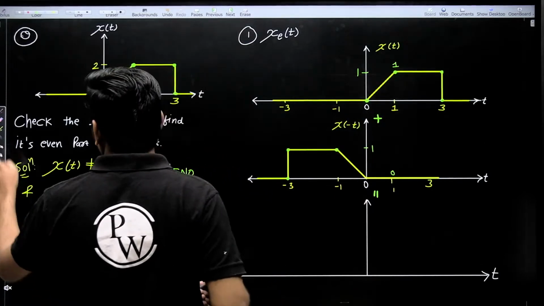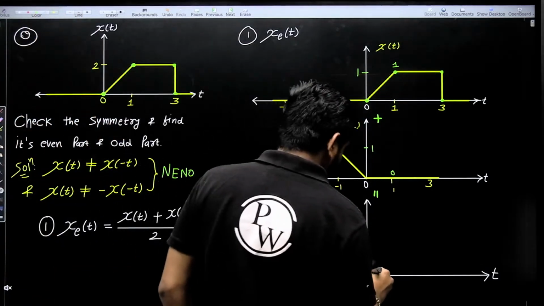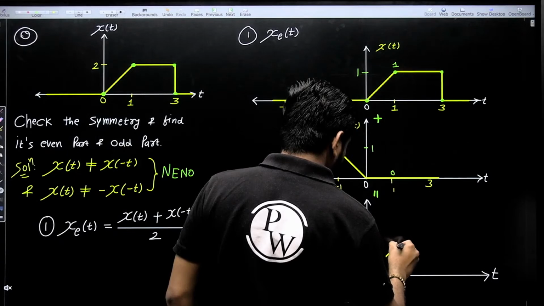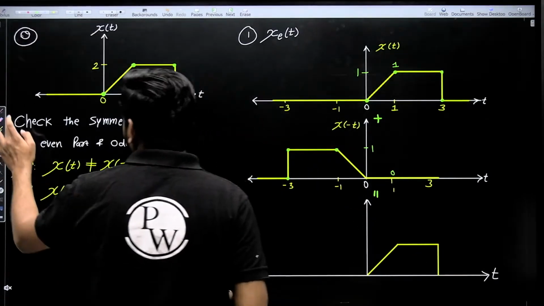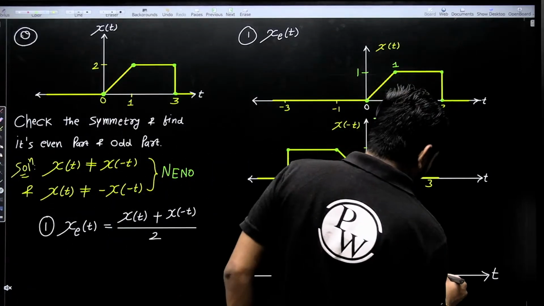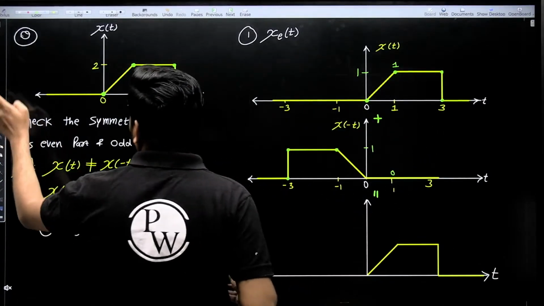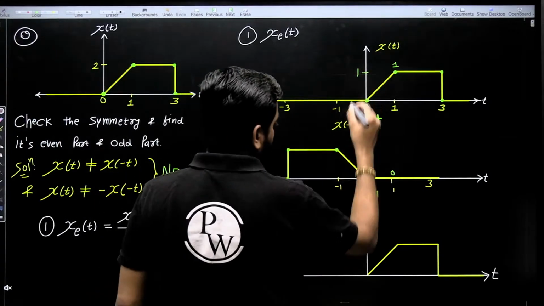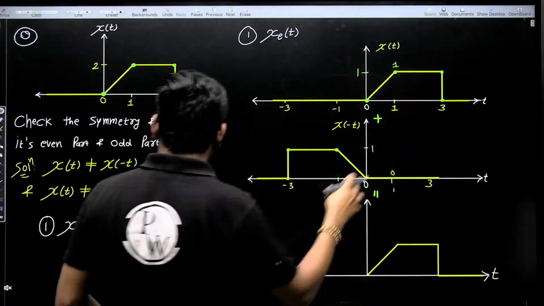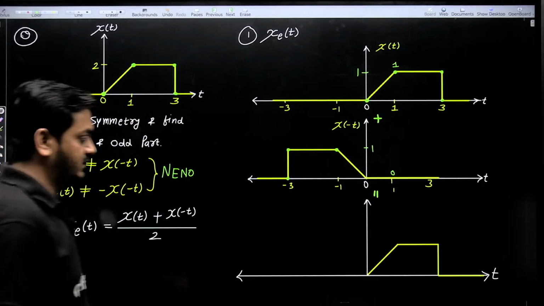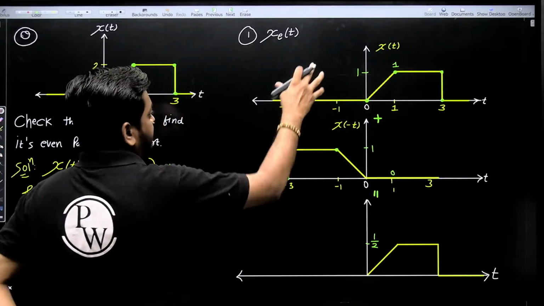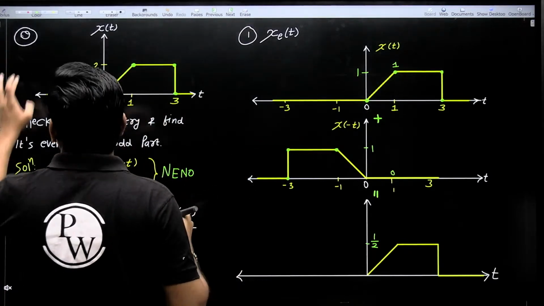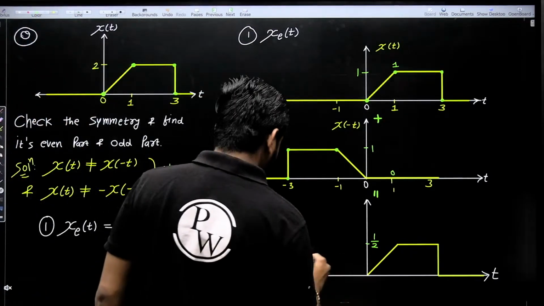So on the right side it will be like this, but amplitude is half, guys. Amplitude is 1 plus 0, then 1 plus 0 divided by 2. Don't forget this one. So amplitude will be 1 by 2. Similarly, on the left side, 0 plus this.